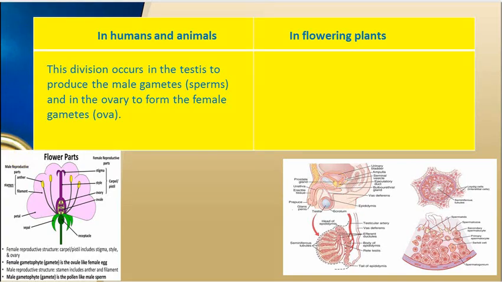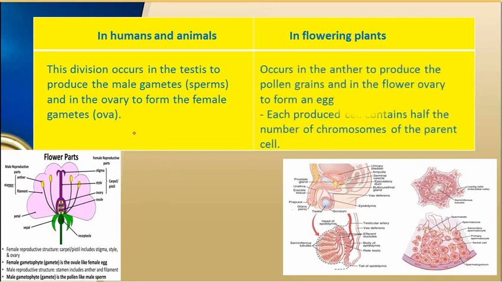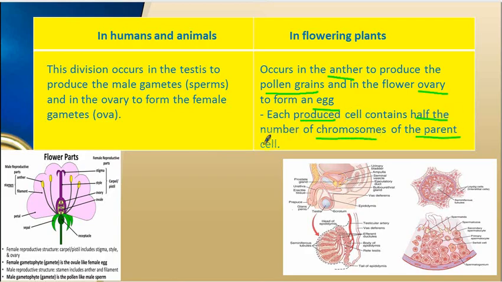But in the case of flowering plants, it occurs in the anther, which produces the male gamete, which is the pollen grain, and in the ovary to produce the egg, which is the female gamete. Each produced cell contains half the number of chromosomes of the parent cell.